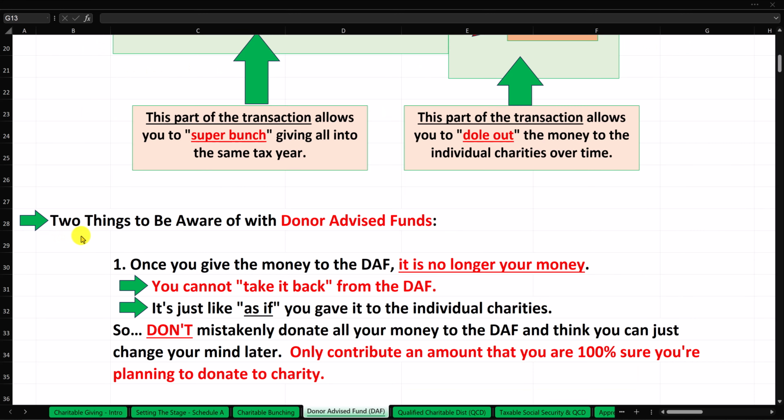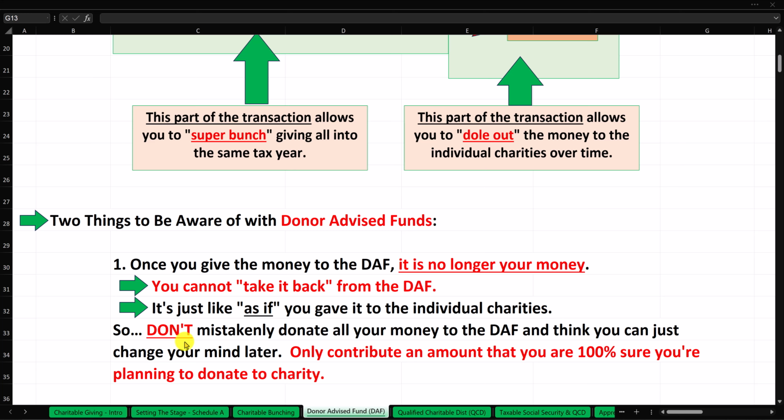All right, now there are two things to be aware of when it comes to donor advised funds. Number one, once you give the money to the donor advised fund, it is no longer your money, okay? You cannot take it back from the donor advised fund. Once you put it in the donor advised fund, it's just as if you gave it to the individual charities right at that moment.